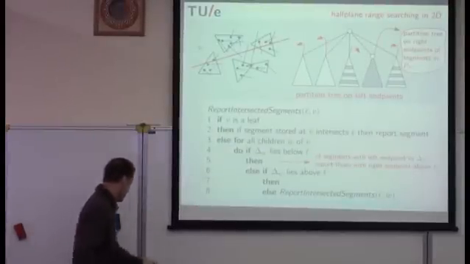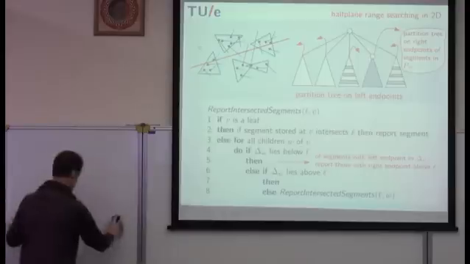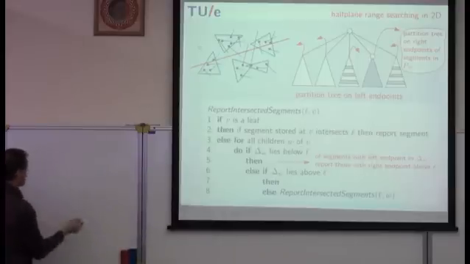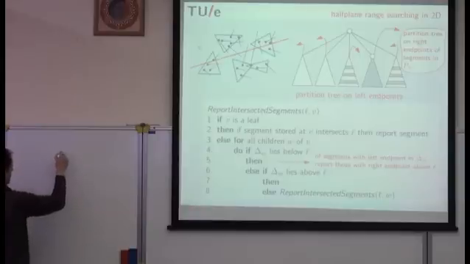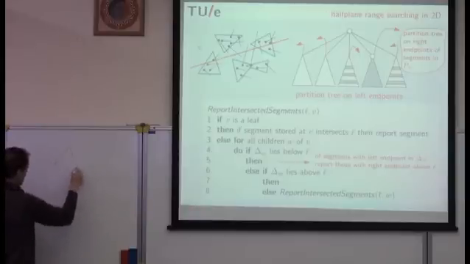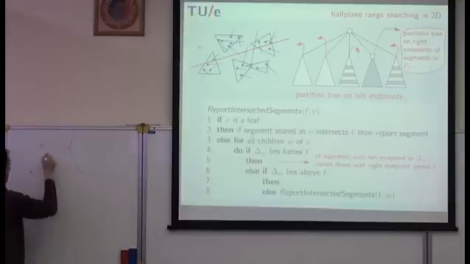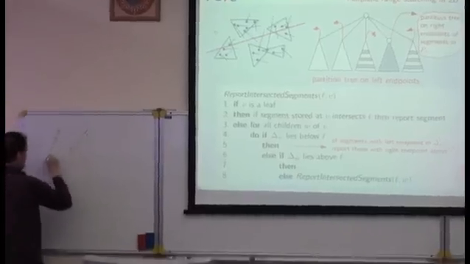Okay, I hope you remember that for the cutting trees it worked in the same way. So here, suppose I have, in my cutting, a collection of triangles. And let's look at this triangle.